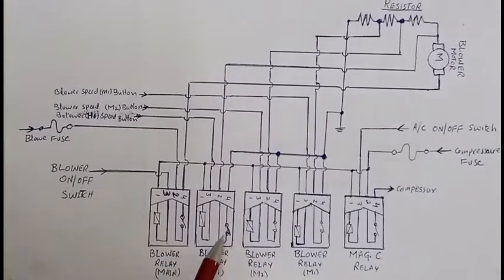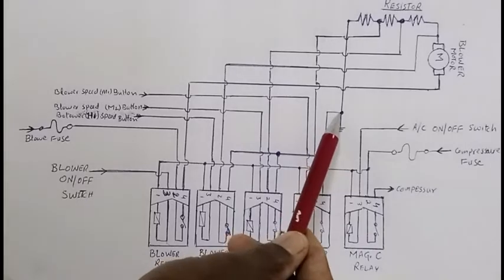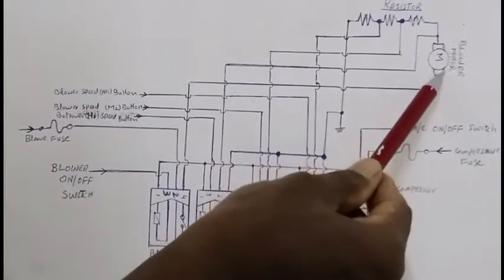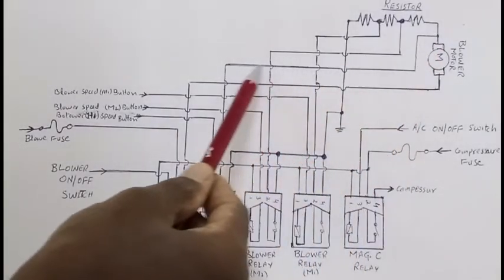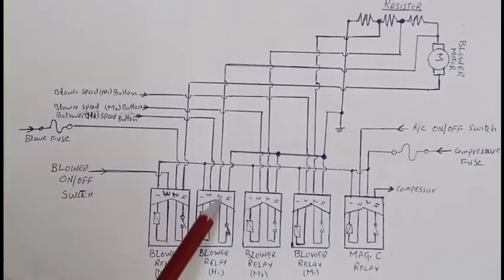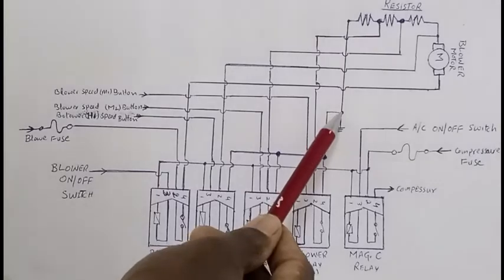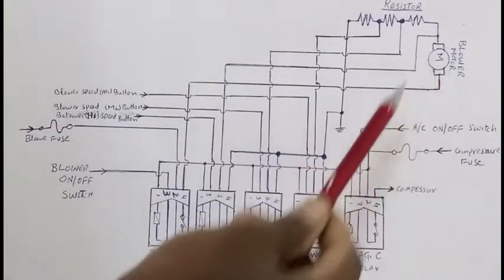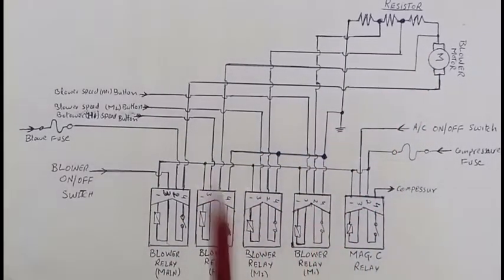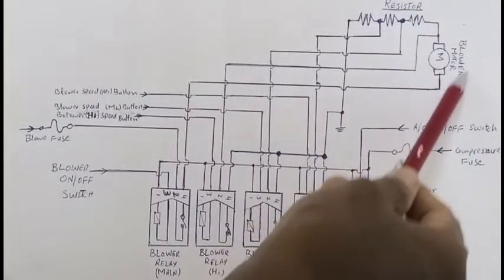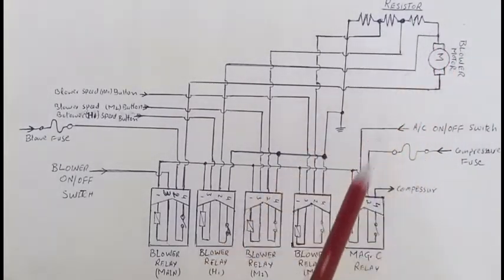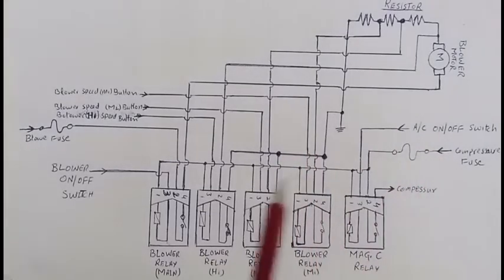When this contact closes, what happens? Power goes from here to here. So now all the voltage drops across this motor. So our motor runs at high speed when we switch on the high speed.